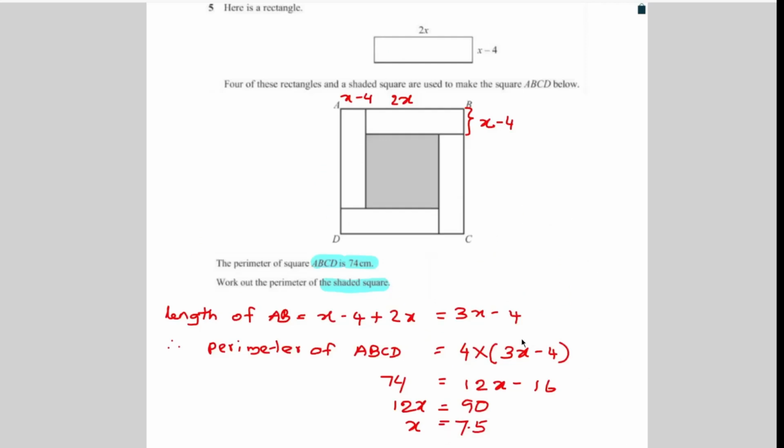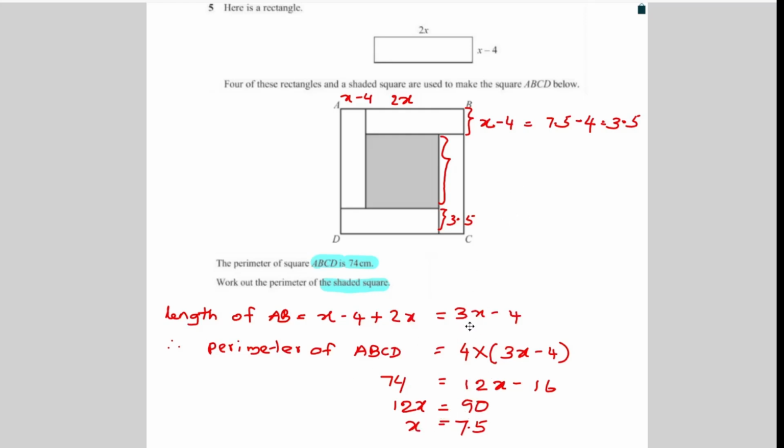So x equals 7.5, which means this side is 7.5 minus 4, which is 3.5. And this side is also 3.5. Now we need to get this side. So let's get what BC is.